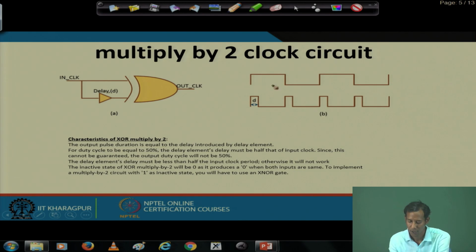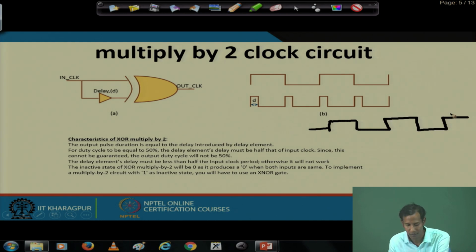If I draw the corresponding graph, this is my clock signal.